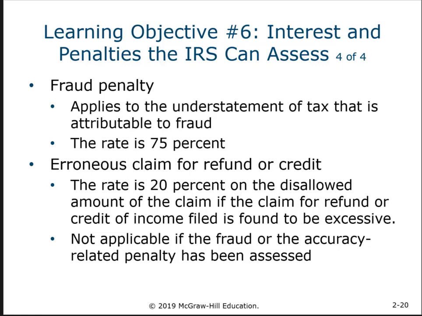But that would not be in addition to your fraud or accuracy-related penalty, which you probably were also charged. So that's not going to come into play too often because you probably have one of the others already in place or been charged.